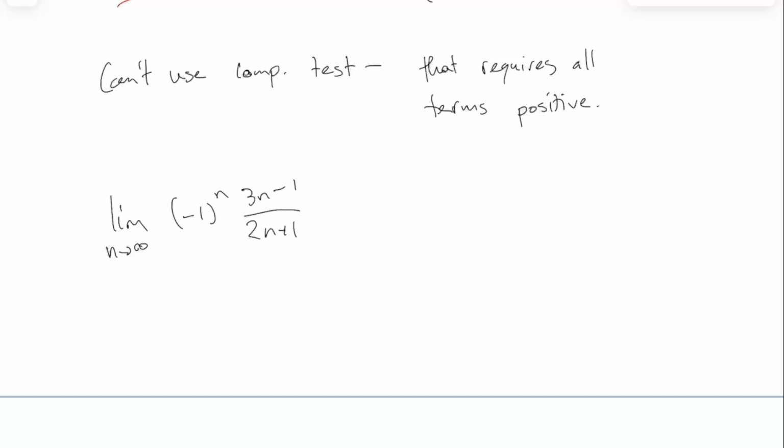I mean, when I look at this, I think this part here, when I take the limit, converges to 3/2. That's because this is, again, a ratio of polynomials, and they have the same degree in this case. So this part converges to 3/2, but this part alternates. That means this sequence, if you go down far enough, ends up just looking like 3/2, negative 3/2, 3/2, negative 3/2, right?